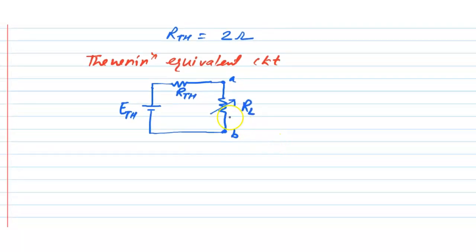Now we have to find out the current in this load resistance for different values of RL. Let us assume the current in this load resistance is IL.